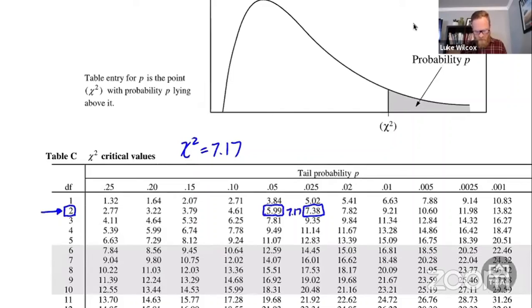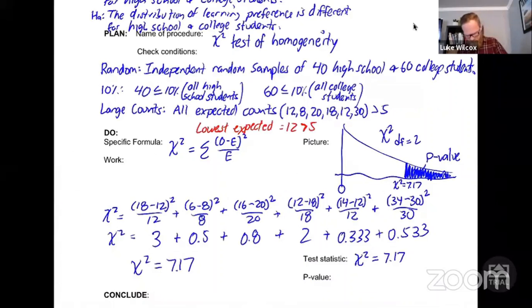If you look above those, where it says tail probability, this is exactly what we're looking for. What we know now is that the tail probability has to be between 0.025 and 0.05. So let's go back to the activity and record our p-value as between 0.025 and 0.05. That'll be enough for us to actually write out our conclusion.